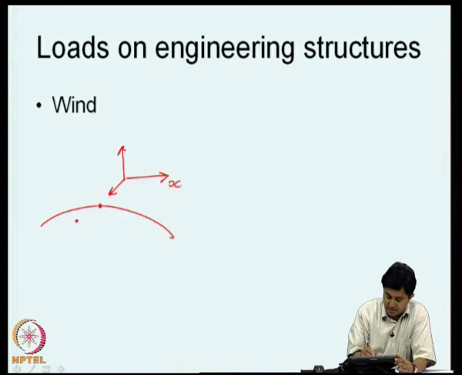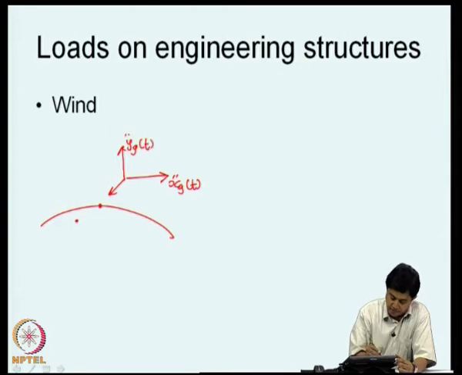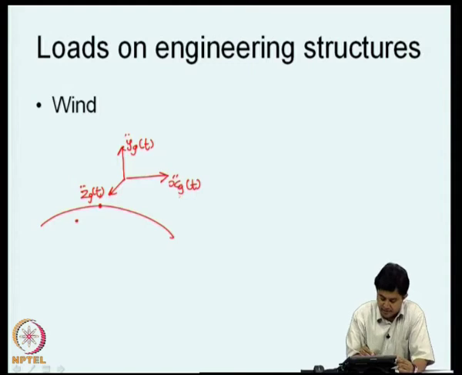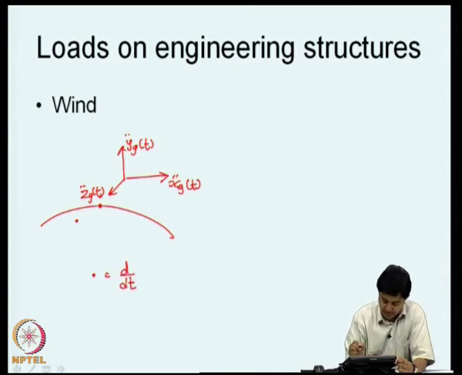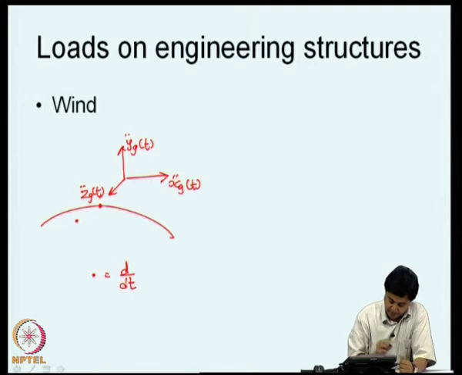So, let us call these xg double dot of t, yg double dot of t, and zg double dot of t. The g here refers to the fact that I am talking about ground acceleration, t is the time variable, and a dot, as we all use in theory of vibrations, indicates differentiation with respect to time.